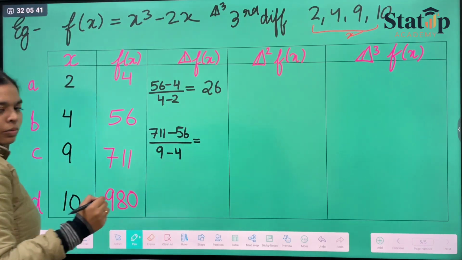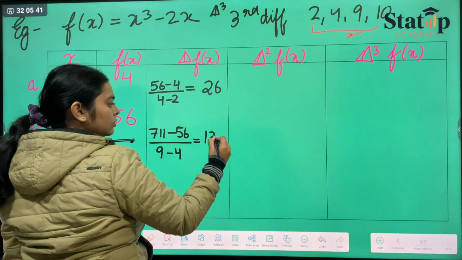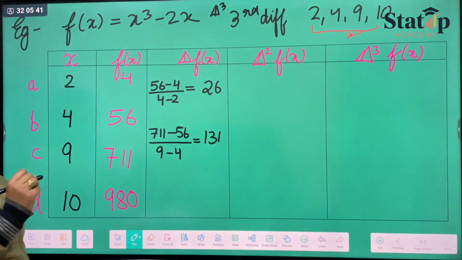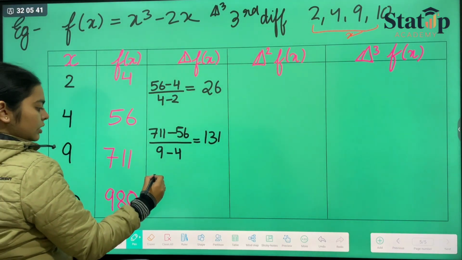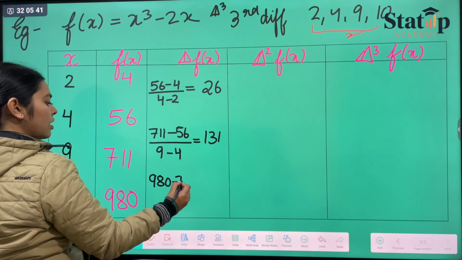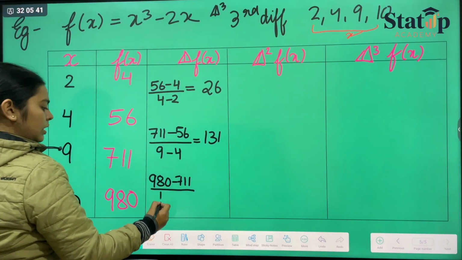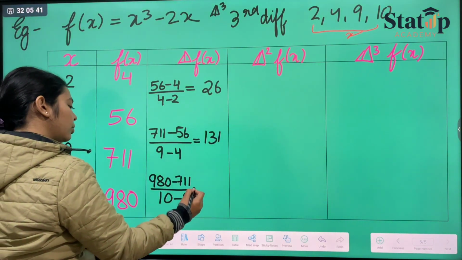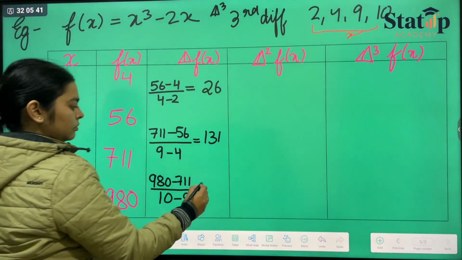This will be equal to 131. I'm directly writing the answer, you can check them. Then this will be f(d), which is 980, minus 711 upon d minus c, which is 10 minus 9, nothing but equal to 1. Just simply write the difference, which is 269.